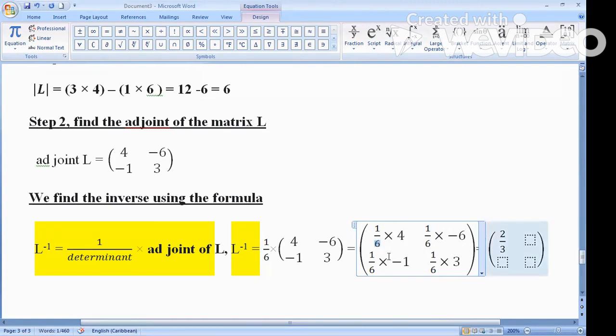For this one, 6 and 6 goes 1. The 6 cancels 6, which gives you negative 1. For this one, 3 into 3 goes 1, and 3 into 6 goes 2, so at the bottom here it's actually 1 over 2.